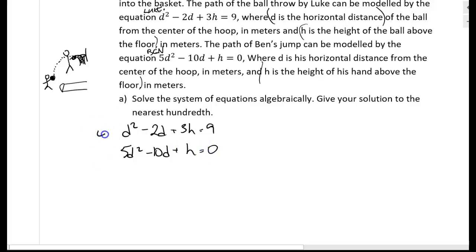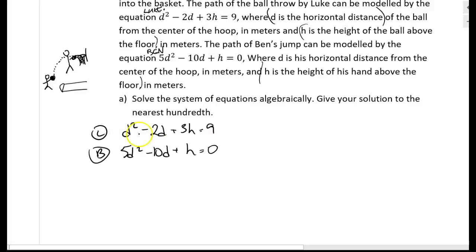So Luke and Ben. Because the ratio is actually the same between d to d squared in both equations, it's 2 to 1, I can actually eliminate d and solve for h. So that is exactly what I'm going to do.